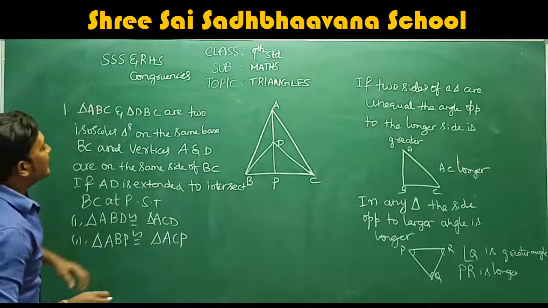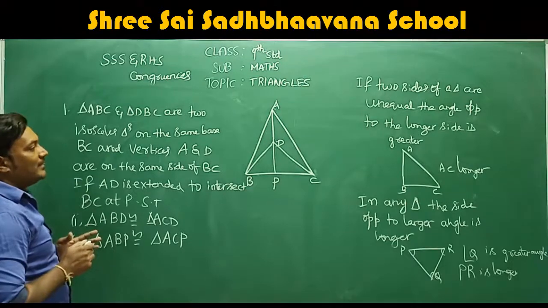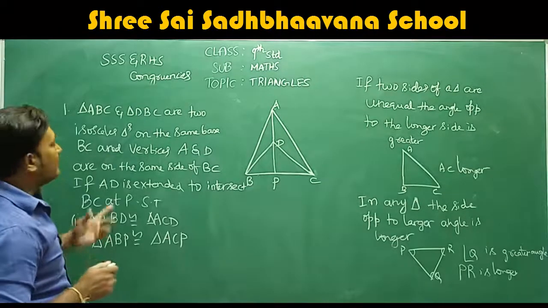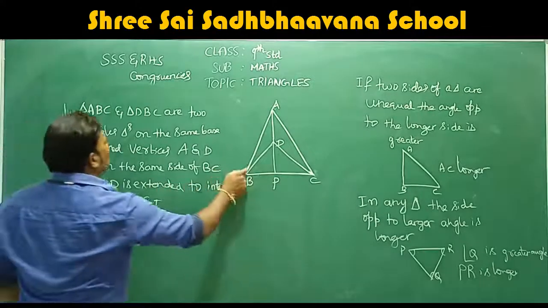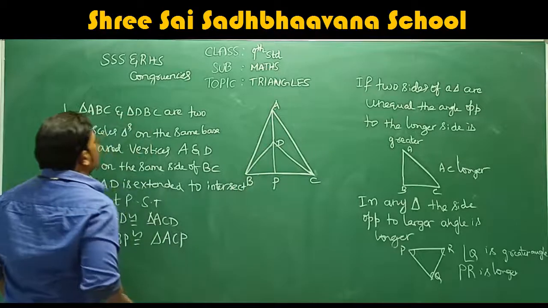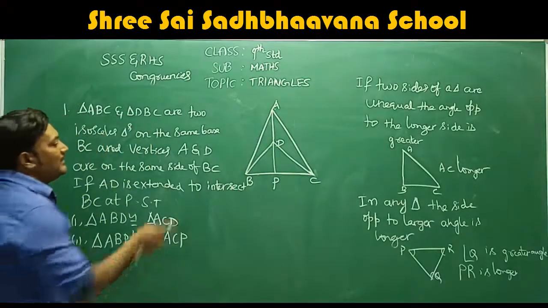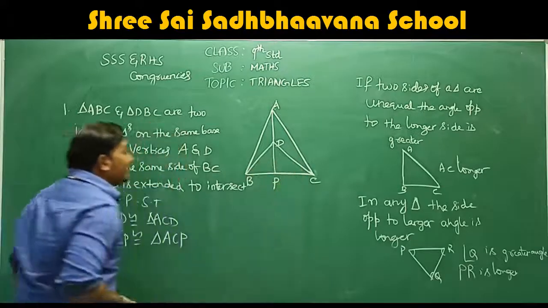So triangle ABC and triangle DBC are two isosceles triangles on the same base. What is the same base here? We have BC. We have two triangles on it, which is DBC, and another is the triangle ABC. ABC is one isosceles triangle and DBC is another isosceles triangle.